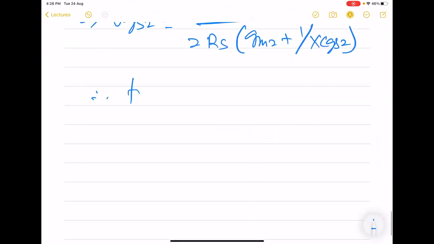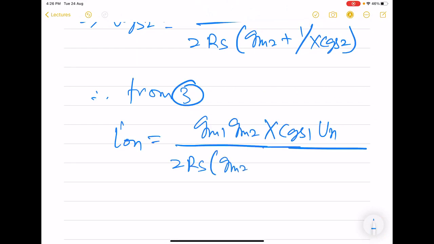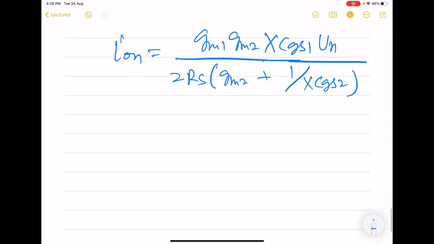So from 3, RUN becomes GM1, GM2, XCGS1, Vn divided by 2RS, GM2 plus 1 by XCGS2.